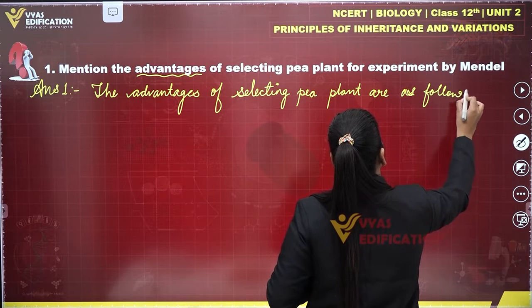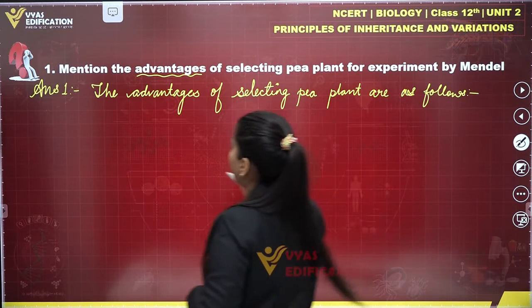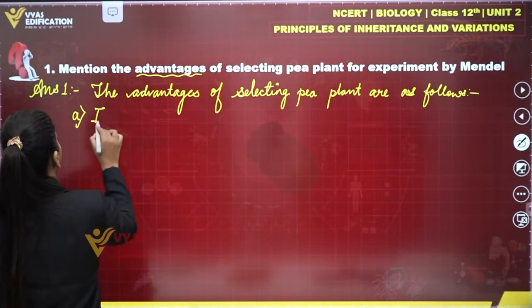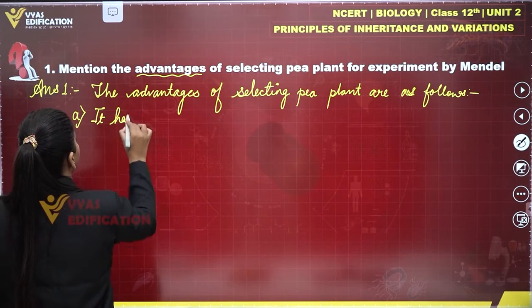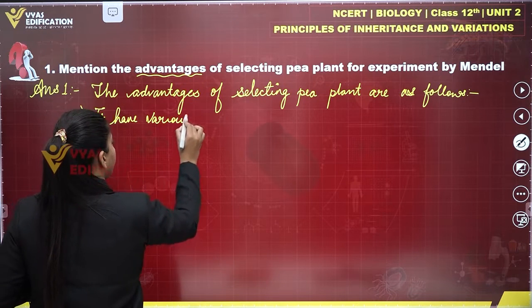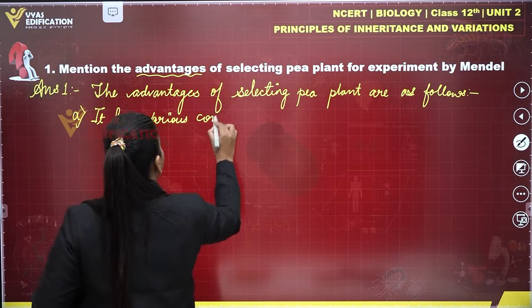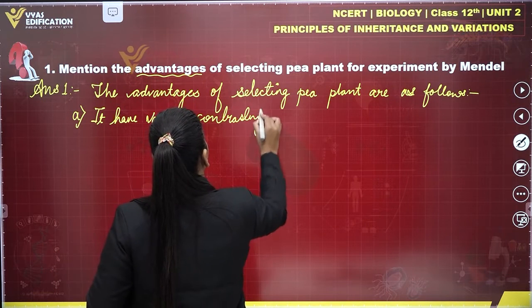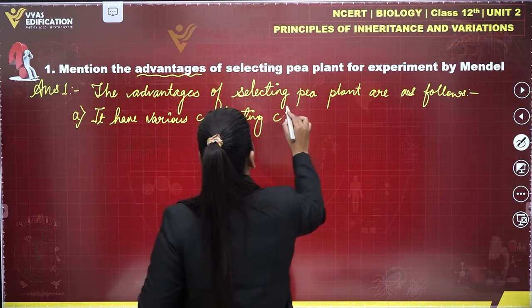Now we are going to write all the advantages below here. So the first one is, it has various contrasting characters.